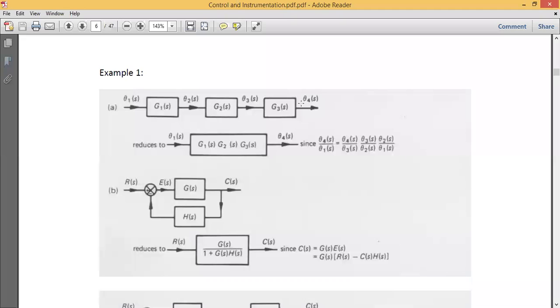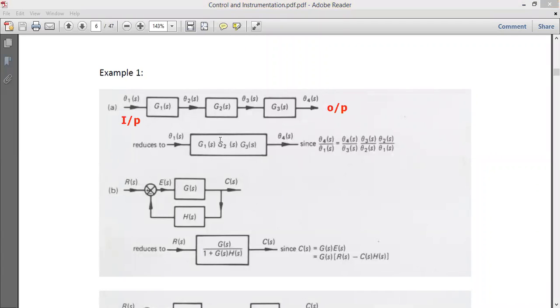Okay, but if you look at this whole block, the complete block, theta 1 is nothing but your input to the whole block, and theta 4 is nothing but its output. So as rule number 1 says, if the blocks are in series, you should go for multiplication.